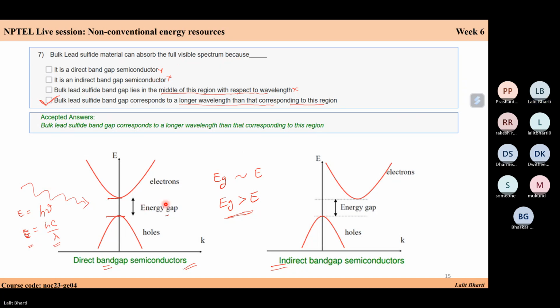This question is not related to the type of semiconductor. I'm just showing this to compare, but it is not related to the direct or indirect band gap of the material. So the accepted answer given for the question is option four.